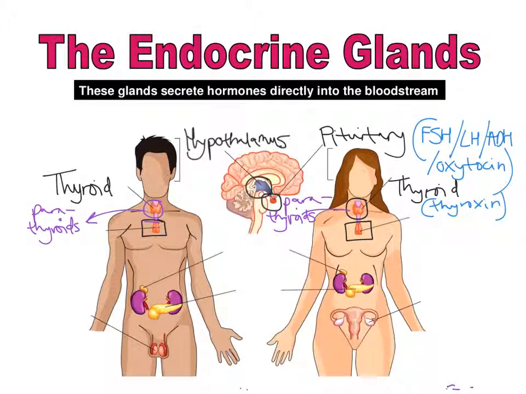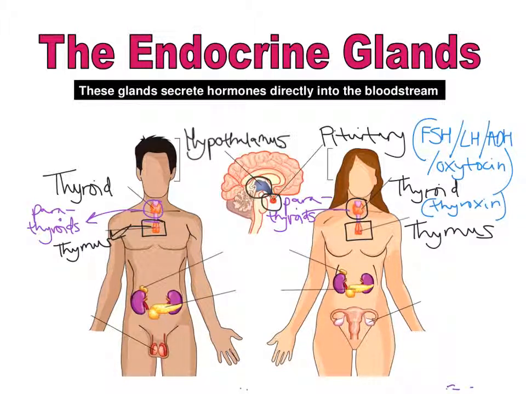So this gland just above the sternum is known as the thymus gland. We'll label this here. So that is the thymus. And the thymus, as I said, is involved in the production and development of lymphocytes that ultimately help fight infection.